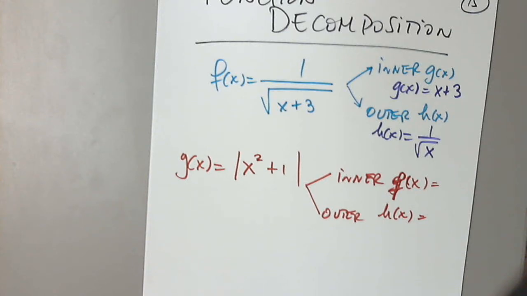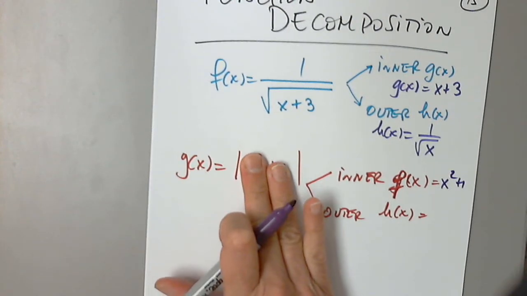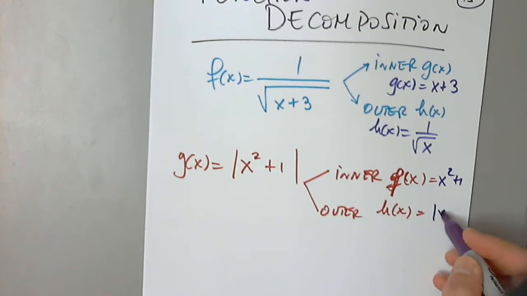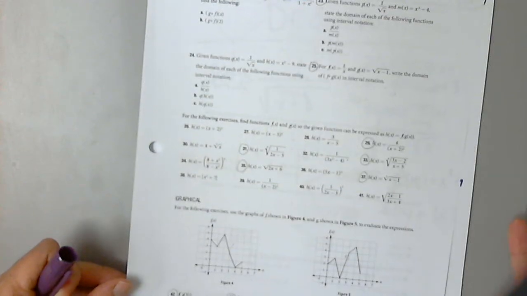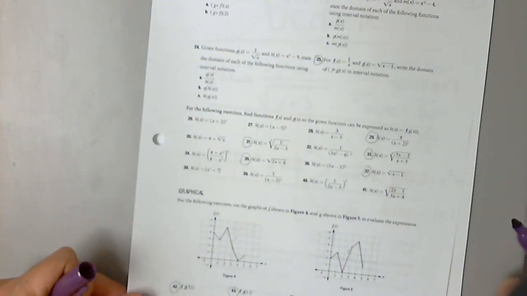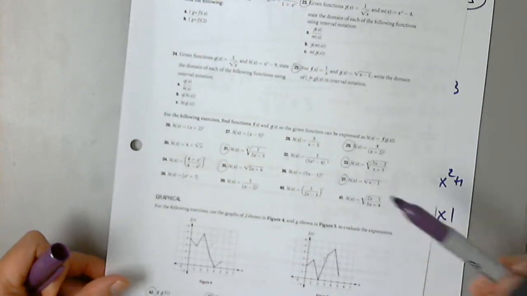So the inner function would be, good, and now I get a number here, absolute value. That's it. So there are many examples that my colleagues suggested here, but I think we needed something simpler than that first.